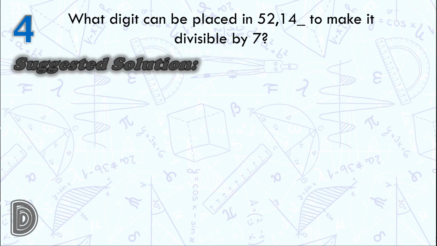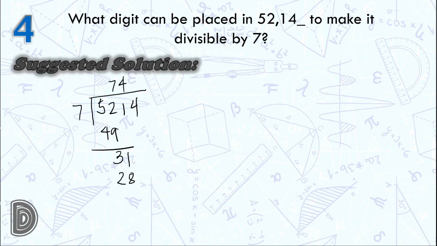So we have 5,214 divided by 7. We have 7. 7 times 7 is 49. 52 minus 49 is 3. Bring down 1. So we have 31. 4 times 7 is 28. Then we have 3.